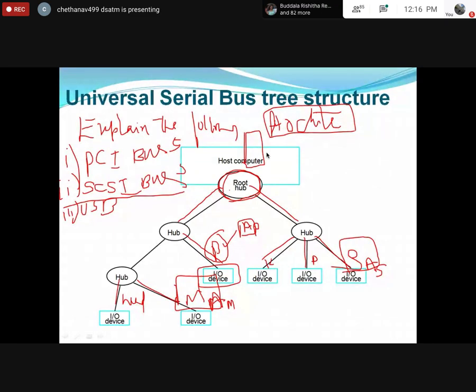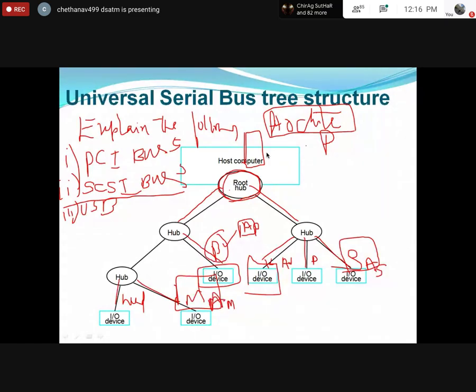Now whenever it is connected, suppose here is a keyboard. The keyboard has its own address. You're addressing your device so that the processor can easily make out which device needs to transmit data to the processor, which device is interrupting.